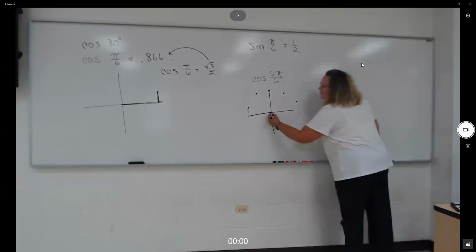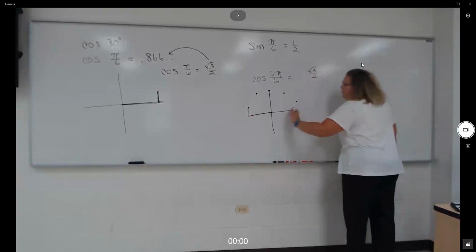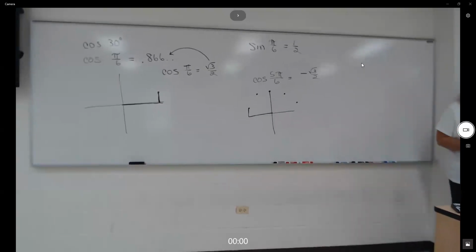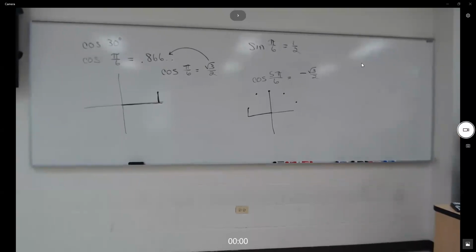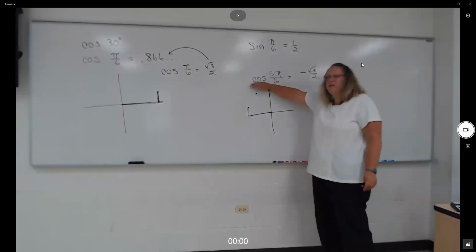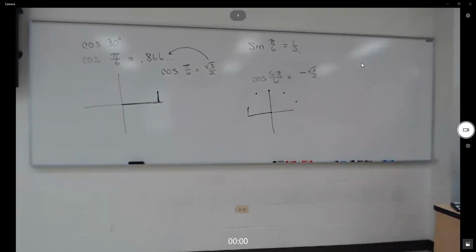So x was the long line, so it has to be square root of 3 over 2. And then I went to the left, so it has to be negative. Now you can look on your unit circle, find 5 pi over 6, and you would still have to at least know that cosine is the x coordinate. And we should have written, hopefully, negative square root of 3 over 2.